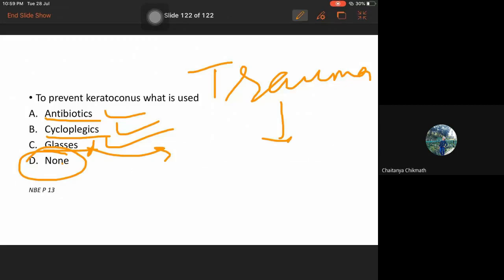So that the frequency of rubbing will be reduced. That's how you can prevent keratoconus. But in a case of Ehlers-Danlos syndrome, Down syndrome, Marfan syndrome, or mitral valve prolapse patients, that is also one of the important associations with keratoconus. In these patients, we can't do much. So that is non-preventable, but trauma is preventable. So trauma is the only thing which can be prevented. Antibiotics, cycloplegics, glasses don't have any role at all. So the only option is none. None is the answer here.